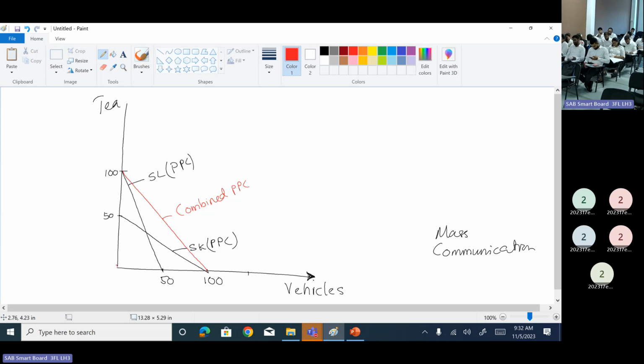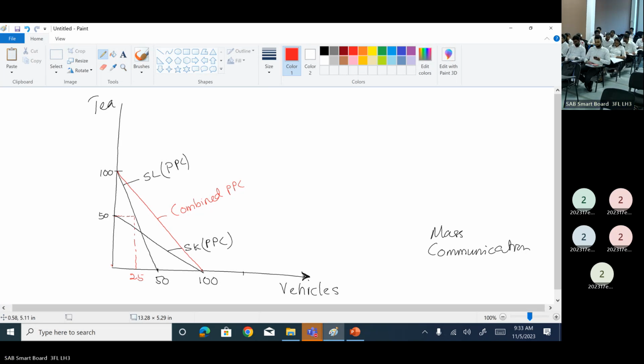According to this, Sri Lanka specialized. Currently, let's say Sri Lanka produces 50 units and 25 units before the trade. Before the trade, Sri Lanka produced 50 units of tea and 25 units of vehicles.